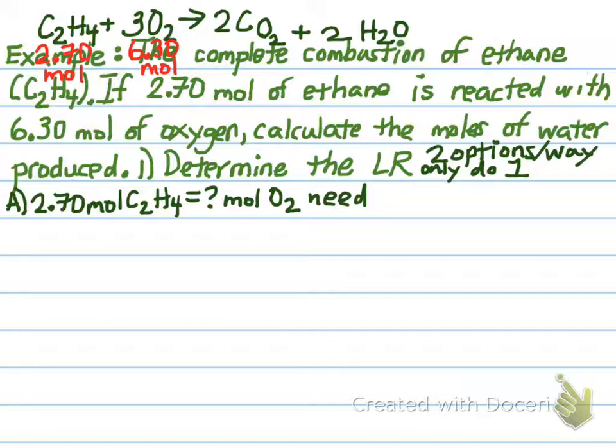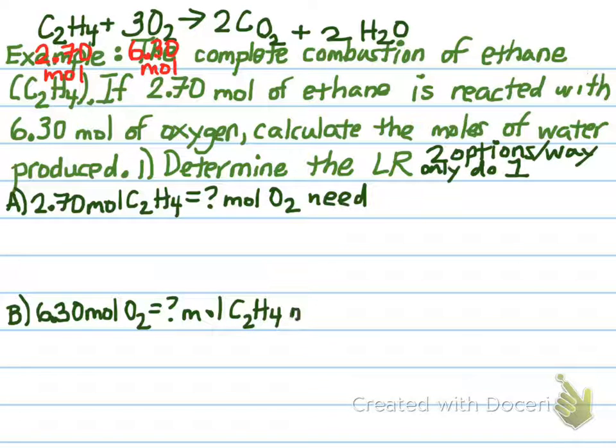So that's option A. Option B, I can take the 6.30 moles of oxygen and figure out how many moles of ethane I need.